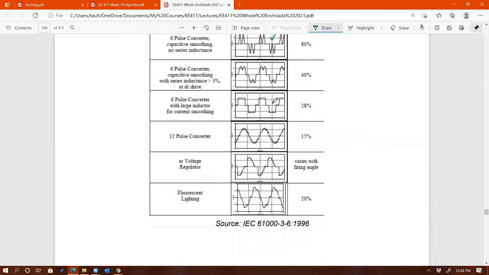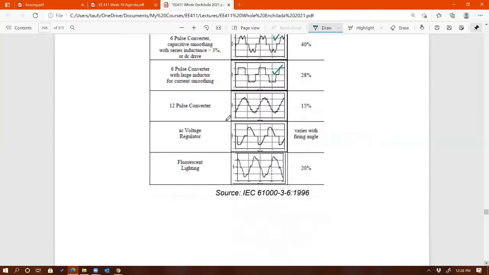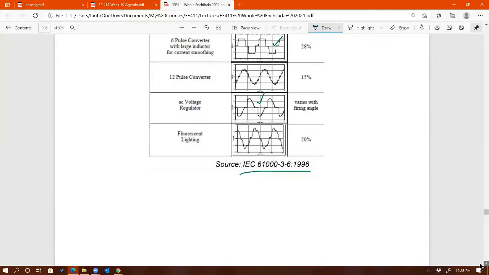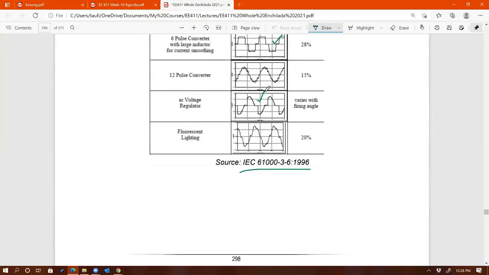Sorry, this is at the input, that's at the output. 12-pulse converter, AC voltage regulator, you've seen it in EE411, right, with firing angle, and then fluorescent lighting. So just different types of nonlinear loads, right? And here's the source of this table in case you're interested in looking at more on this topic.